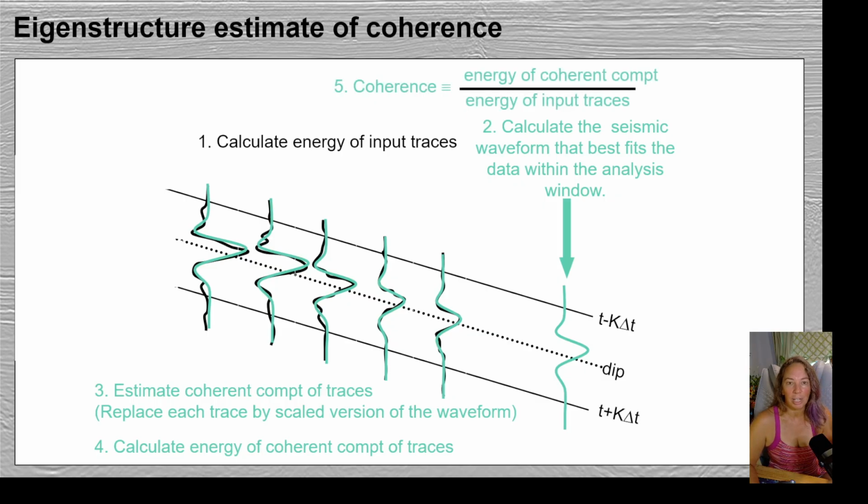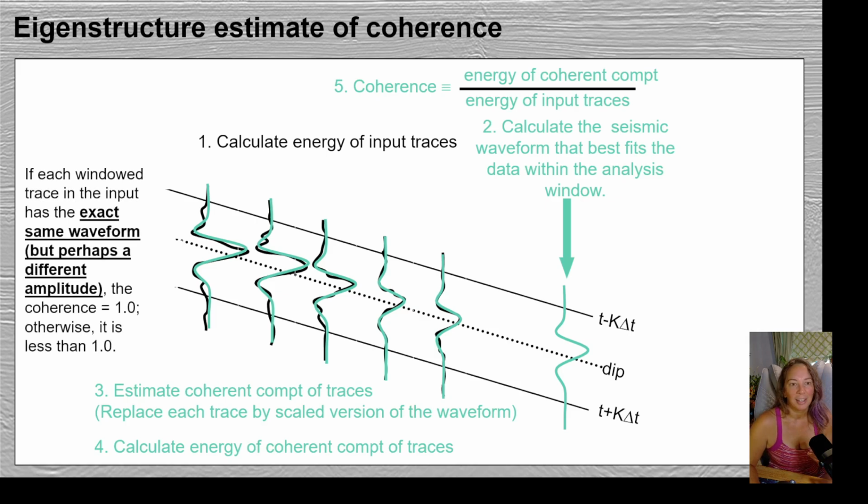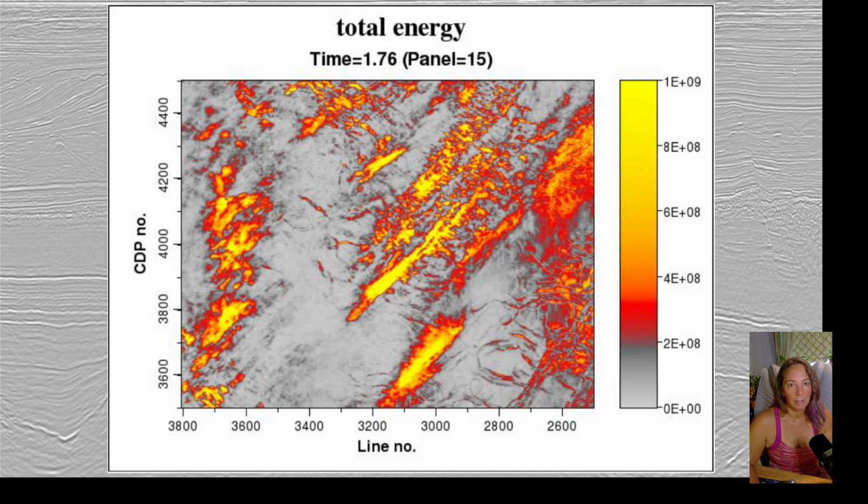And then you create your coherence by taking the energy of the coherent component divided by the energy of the input traces. So if you have the exact same waveform but a different amplitude, the coherence is going to be 1. That's really important to remember for eigenstructure estimates of coherence. You can have the same waveform but a different amplitude and still have a strong coherence.